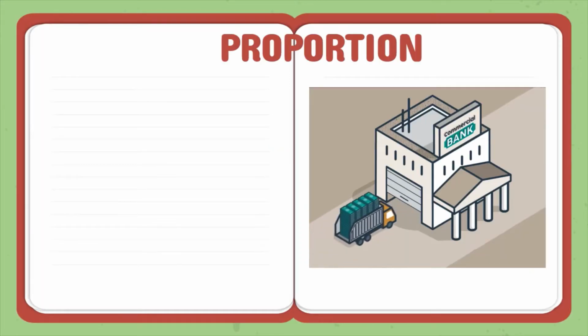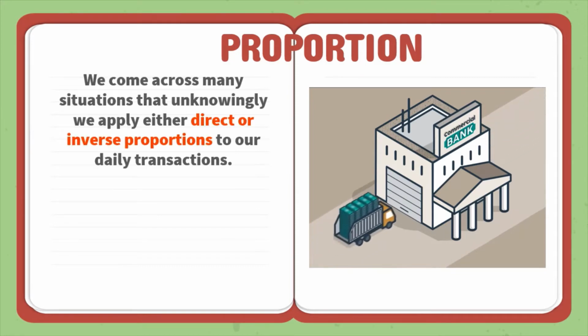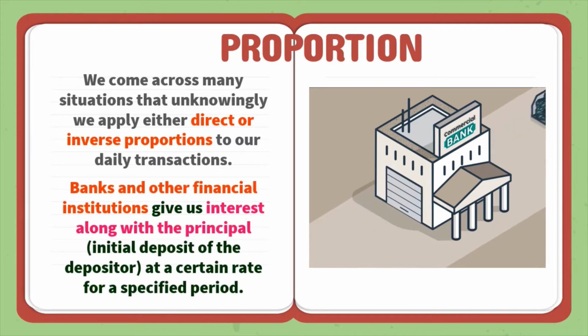Okay, direct proportion. We come across many situations that unknowingly we apply either direct or inverse proportion to our daily transaction. Banks and other financial institutions give us interest along with the principal, the initial deposit of the depositor, at a certain rate for a specified period.